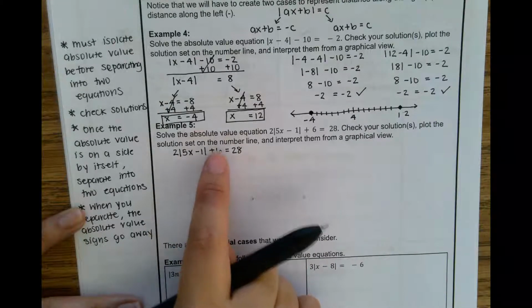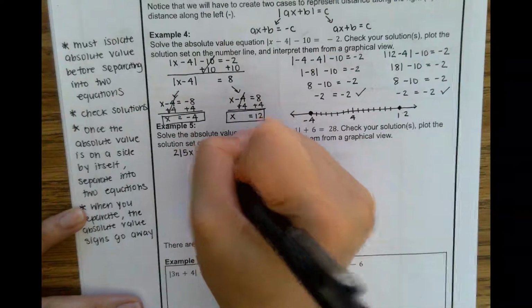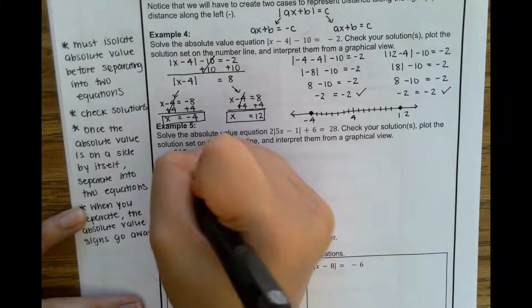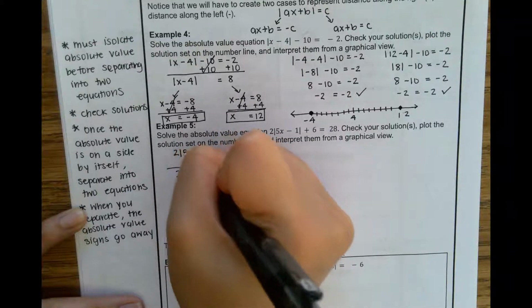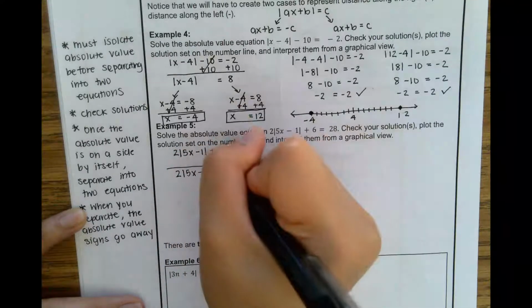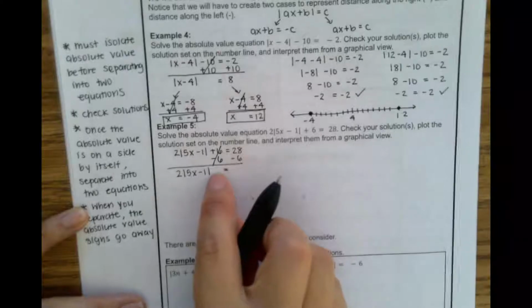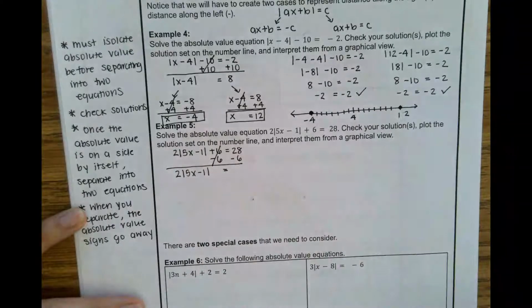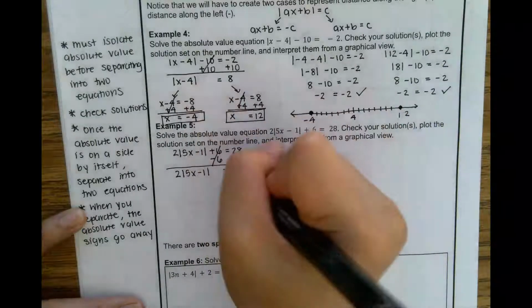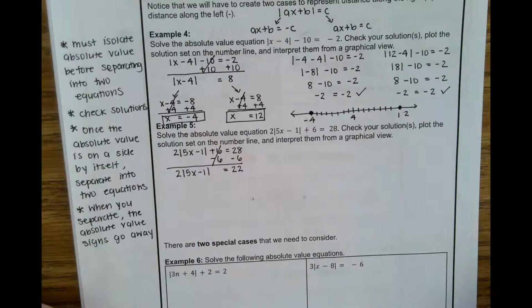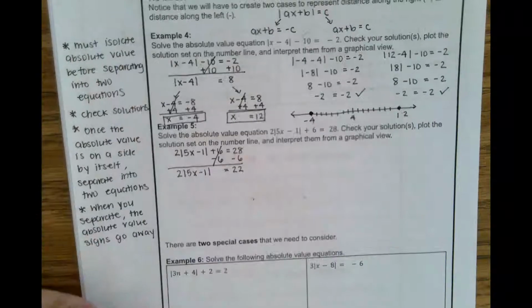So I'm going to take care of my addition first by subtracting 6. The plus 6 minus 6 simplifies to 0. It's plus 0, that's why we are not writing it anymore. 28 minus 6 is 22. Then I still need to isolate the absolute value before solving.